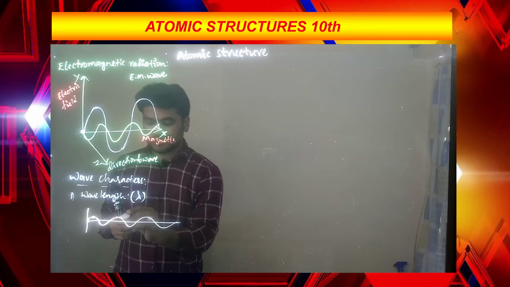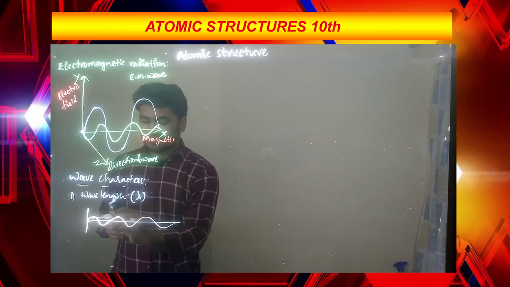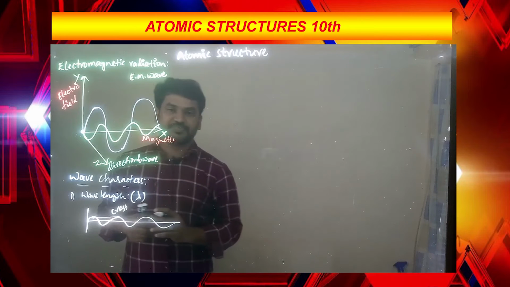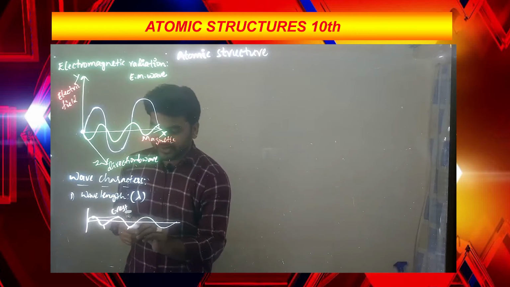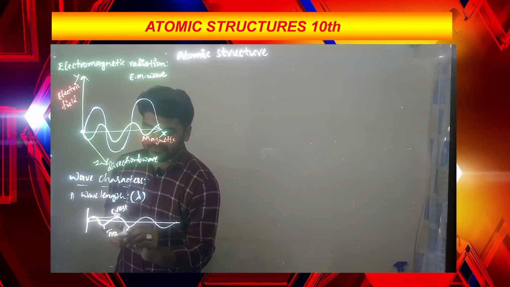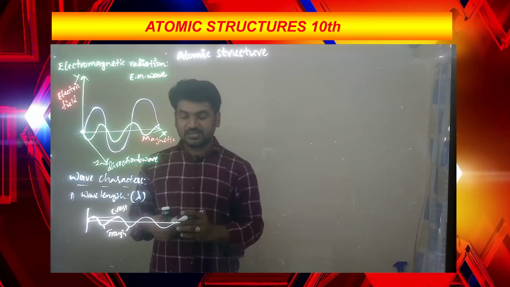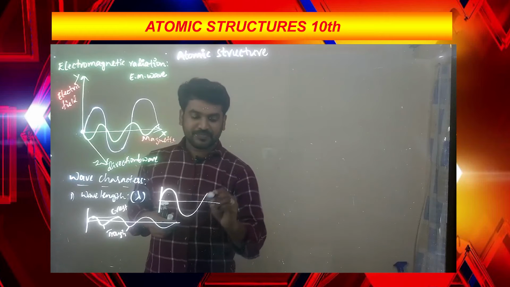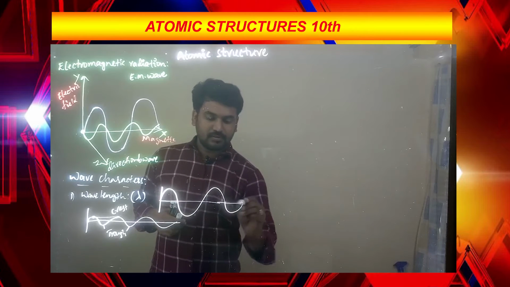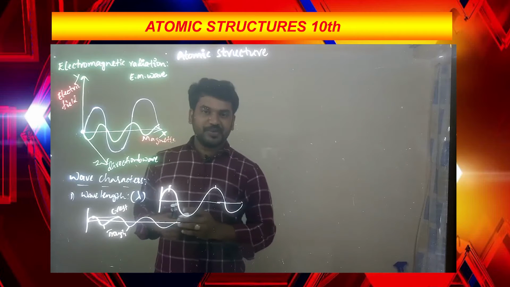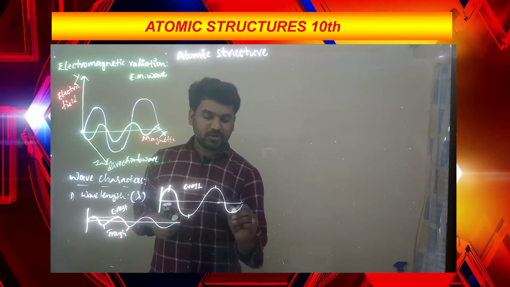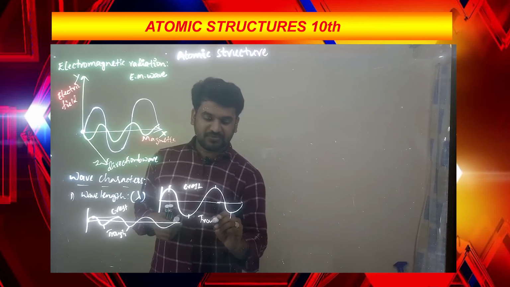The peak points, the top points, we call crest, and the bottom points are called trough. In any wave, peak points are called crest, bottom points are called trough.